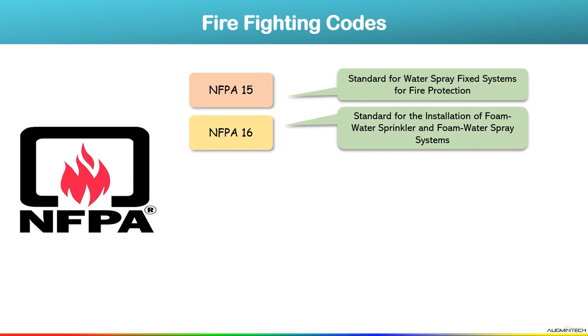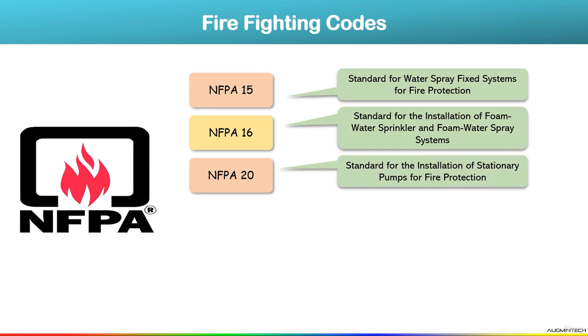NFPA 16 is the standard for the installation of foam-water sprinkler and foam-water spray systems. Now NFPA 20 is the standard for the installation of stationary pumps for fire protection. This NFPA 20 protects life and property by providing requirements for the selection and installation of pumps.